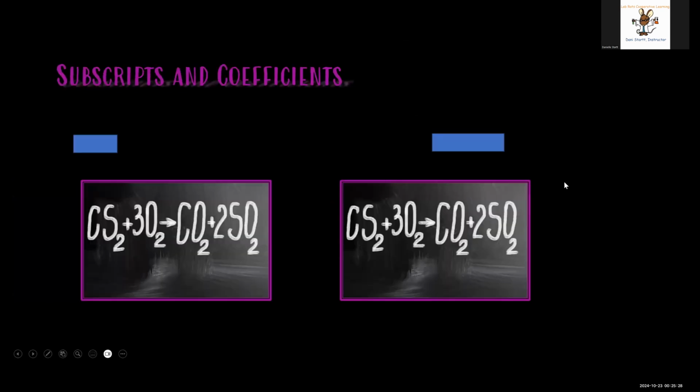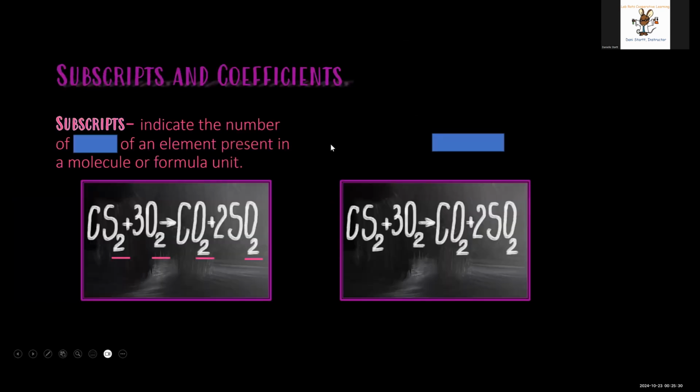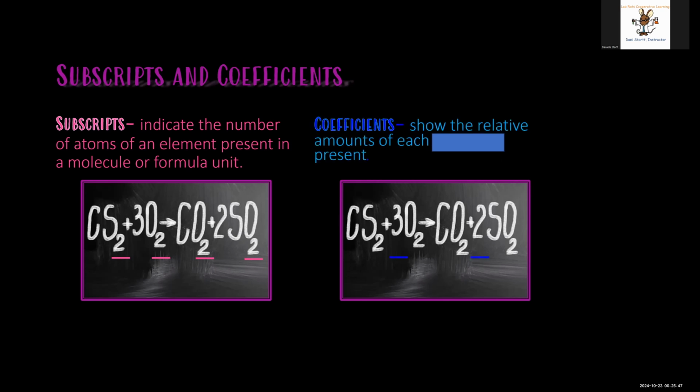So subscripts and coefficients. Subscripts indicate the number of atoms of an element present in a molecule or formula unit. So all these little twos would mean 2 sulfurs, 2 oxygens, 2 oxygens, 2 oxygens. But over here we have coefficients, and they show the relative amounts of each substance present.